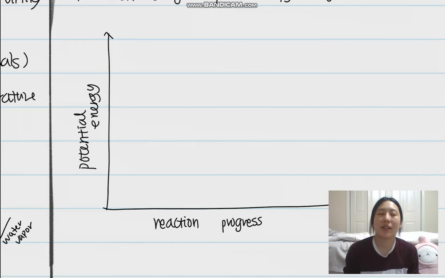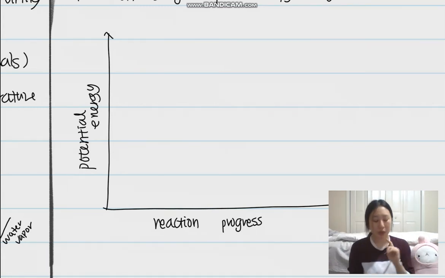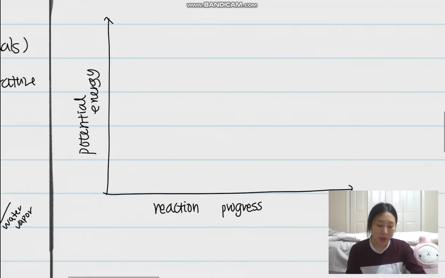You may have seen this diagram before in physical science. I am not sure, but probably you should have seen it. So I'm gonna draw an exothermic and an endothermic reaction diagram, for example. Potential energy is like the energy that is stored in your bonds.